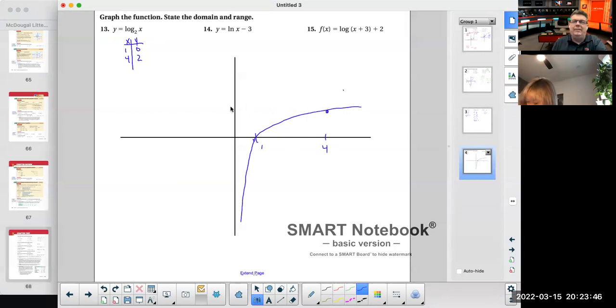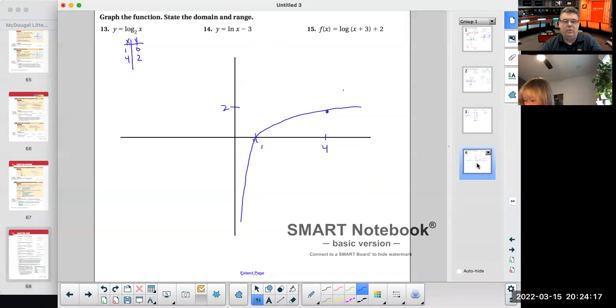Basically, if you just have log base anything of x, you can just draw this and put the 1 and be done with it. Okay. And they're not going to do that much to you here, as far as anything real complicated, because they know you can't do natural logs in your head.